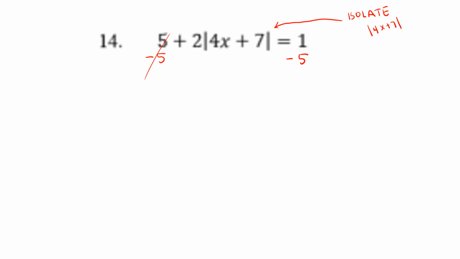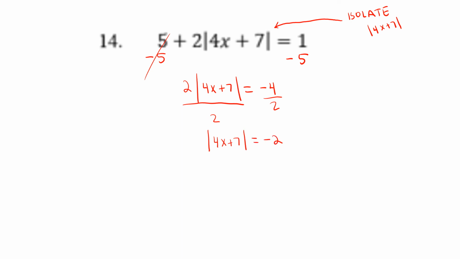We're left with this positive 2 out in front, absolute value of 4x plus 7 equals 1 minus 5 is negative 4. Now to move this 2, we divide both sides by positive 2, leaving us with the absolute value of 4x plus 7 equals negative 4 divided by 2 is negative 2.